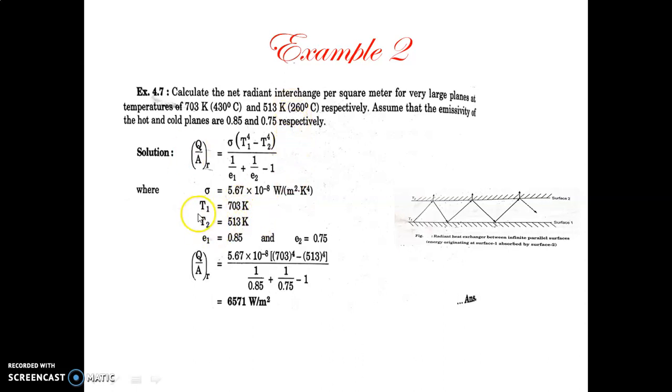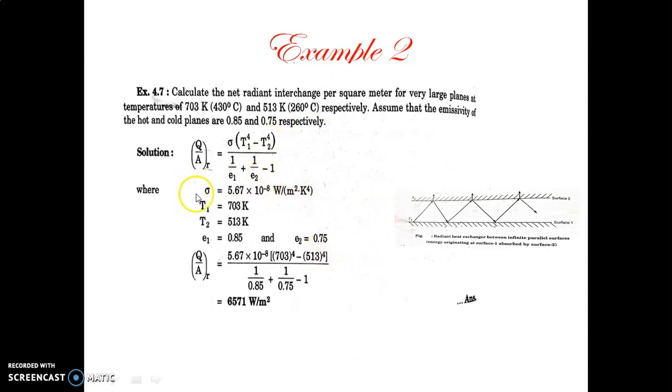Here T1 is the hot plane temperature, which is equal to 703 Kelvin. T2 is the cold plane temperature, which is equal to 513 Kelvin. E1, that means the emissivity of the hot plane, is equal to 0.85, and E2 is equal to 0.75. We already have the value of sigma, the Stefan-Boltzmann constant, which is 5.67 into 10 to the power minus 8 watt per meter square Kelvin to the power 4.